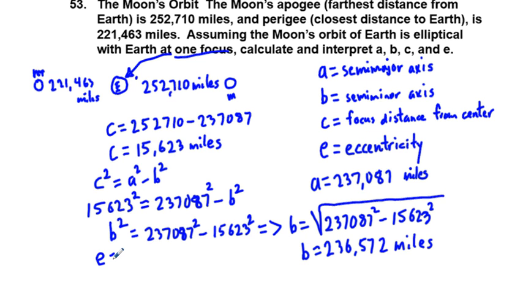E is equal to C over A, which is 15,623 over A, which is 237,087.